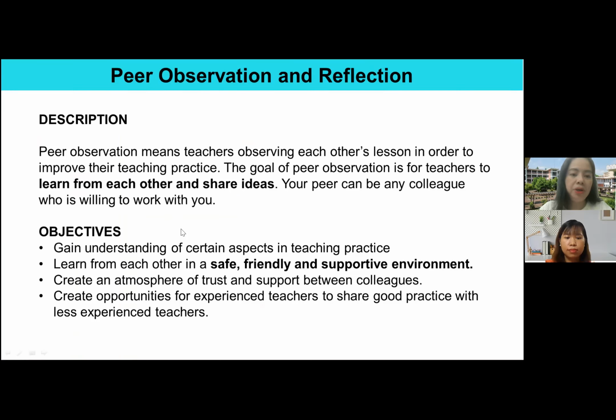That says peer observation means teachers observing each other's lesson in order to improve their teaching practice. The goal of peer observation is for teachers to learn from each other and share ideas. The peer can be any colleague who is willing to work with you.